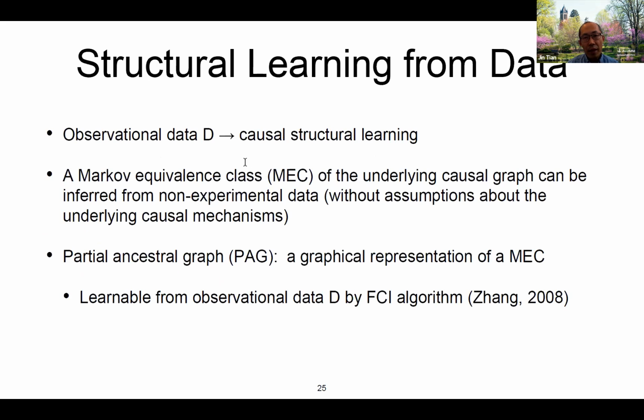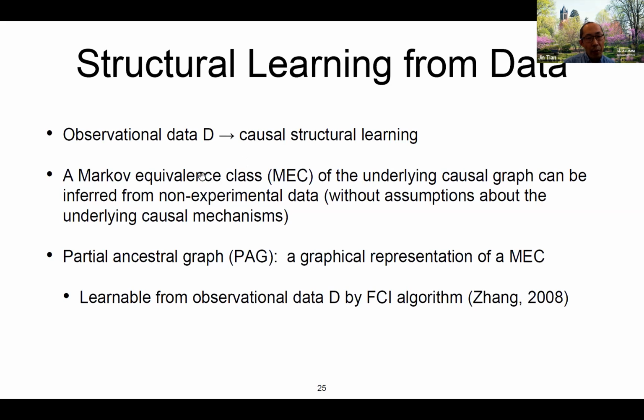Causal structure learning has been well studied; there is a large literature on it. Now, in general, it's known that given purely non-experimental data, if we don't make any other assumptions about the underlying causal mechanism, we will not be able to learn the unique underlying true graph.